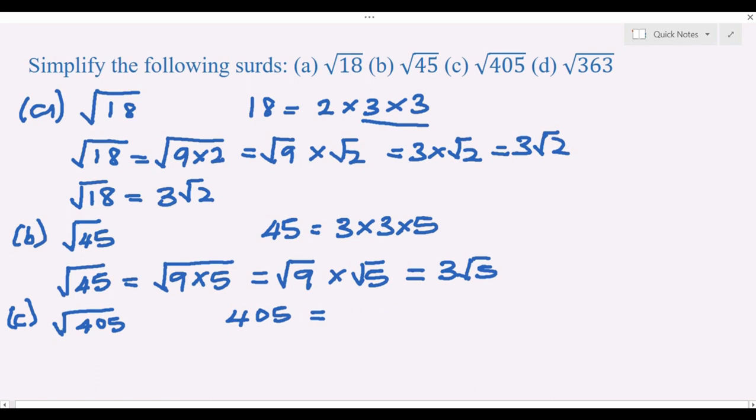Now we start with the least prime factor. Can 2 go in 405? No. The next prime factor is 3. Can 3 go into it? Yes. How do we know? Any number divisible by 3, the sum of its digits must be divisible by 3. So 4 plus 5 is 9, and 9 is divisible by 3.